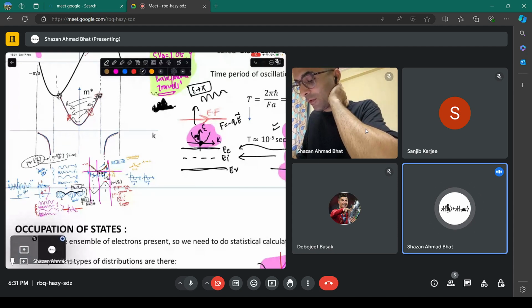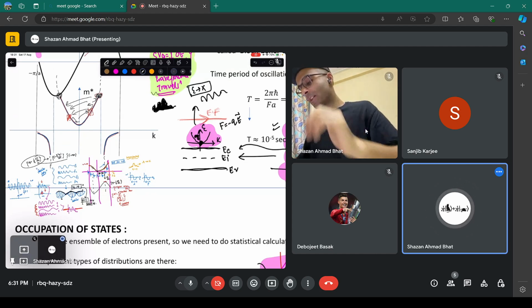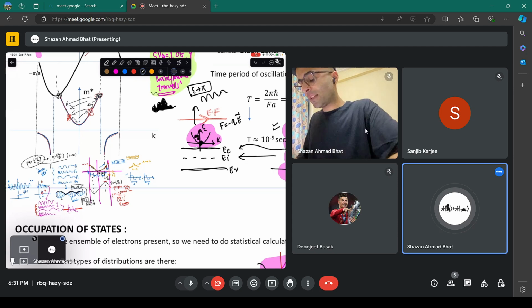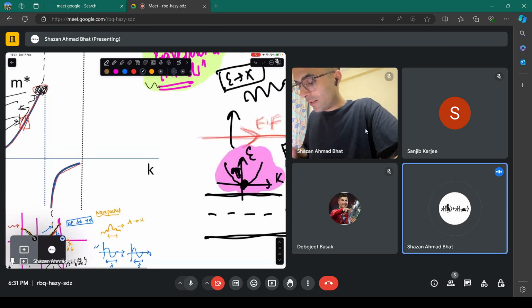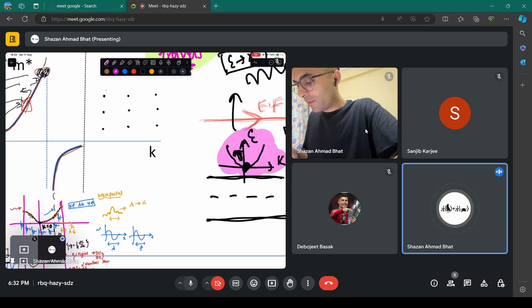So that is the overall concept of this EK diagram. It is a little bit confusing, I know, I can understand, but it is difficult to imagine how this is happening, because all of this is happening in a three-dimensional crystal, and what we are showing is the single unit cell. Let's say the concept of the Brillouin zone: if you have lattice points like this, these are the atoms, then how you consider the first Brillouin zone is something like this.